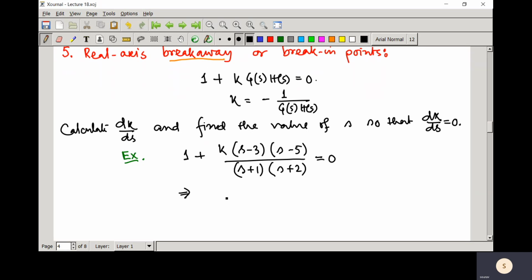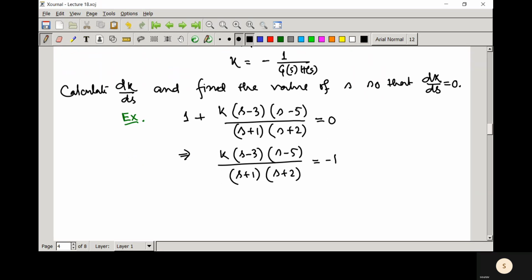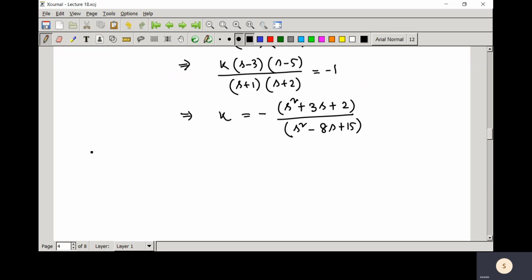As we have discussed, we need to write k (s minus 3)(s minus 5) divided by (s plus 1)(s plus 2) equal to minus 1, and then k equals minus (s square plus 3s plus 2) divided by (s square minus 8s plus 15). Then we need to take the derivative of k with respect to s.